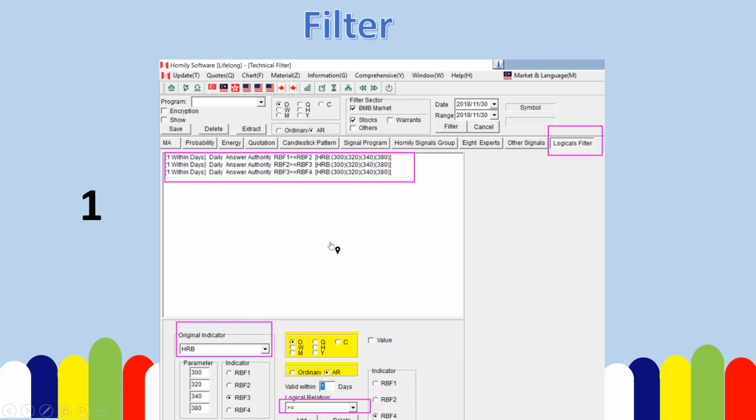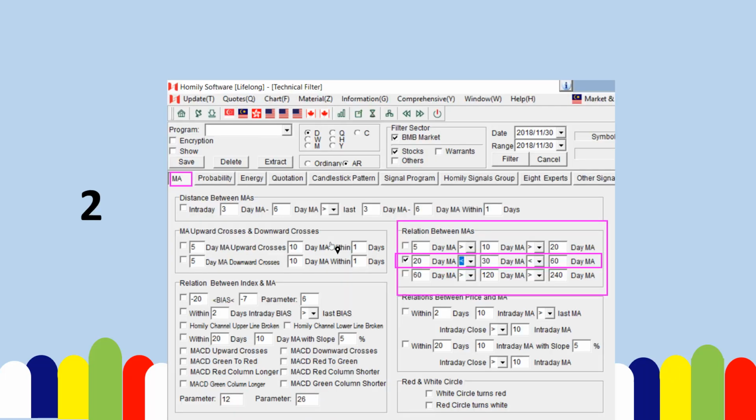So here means the long-term uptrend. When we do this to filter the long-term uptrend counters, later we do it for the medium-term correction. We choose the MA. Then here we choose this one, the second one: 20-day MA smaller than 30-day MA and smaller than 60-day MA.